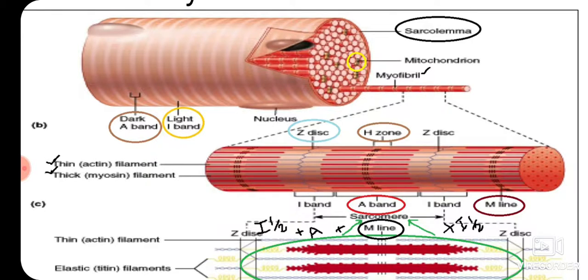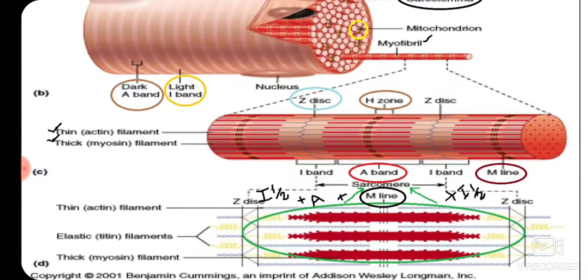Now we see that the sarcomere contains a Z disc and half of the I band, plus the A band and also the M line, plus half of the I band and a Z disc. Here in the diagram it is circled by the green circle.